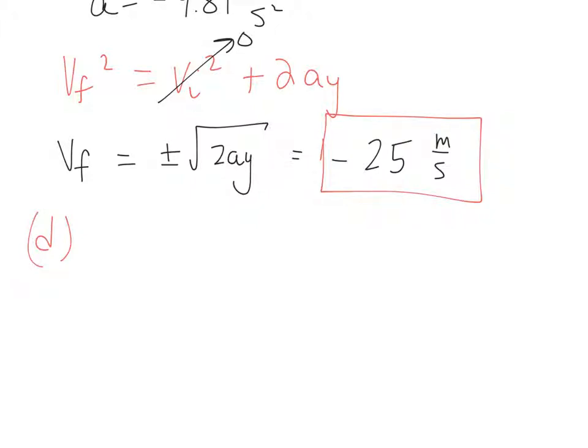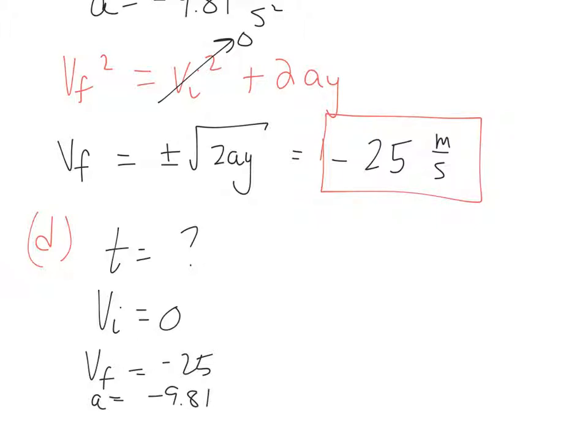Let's prove it true. So, to find out the time when it hits the ground, again, we know at the top the velocity was 0. We know the velocity at the end was negative 25. And we know the acceleration is negative 9.81 meters per second squared. I go ahead and I solve. Vf equals Vi plus At.